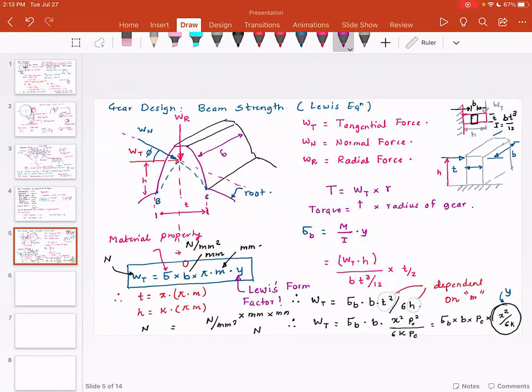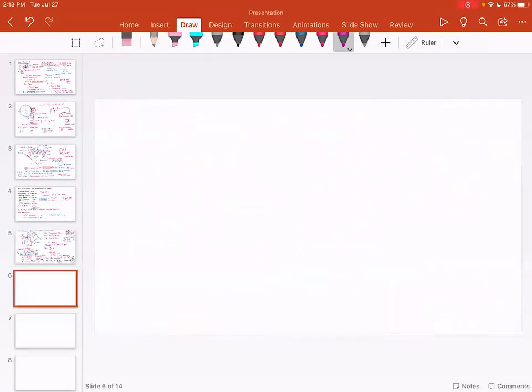And this Lewis form factor is given for different gear profiles. So Y, which is Lewis's form factor, is given as 0.124 minus 0.61684 divided by T for 14.5 degree composite and full involute.